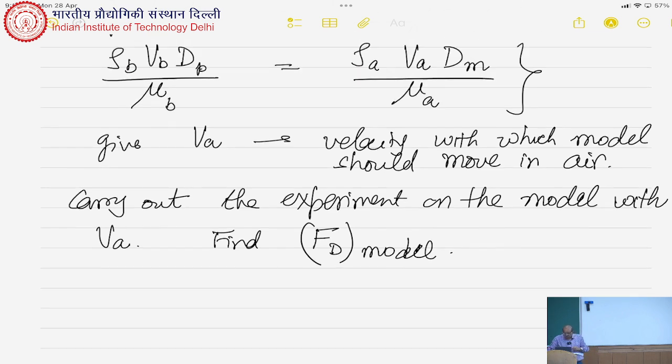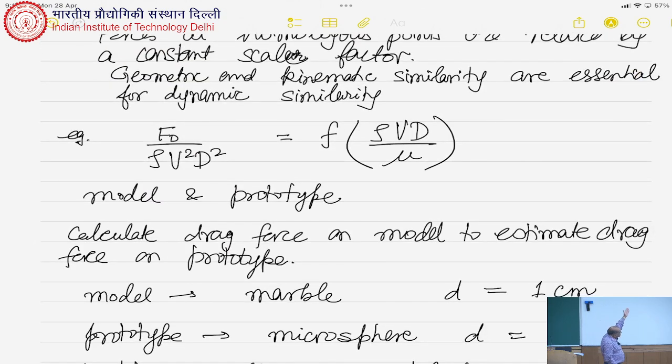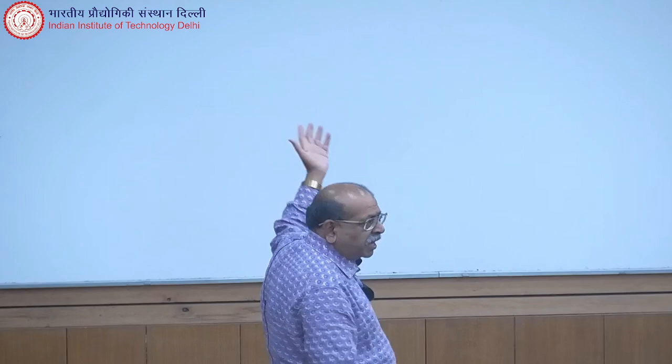Okay. Now what we have is, our dimensional analysis tells us the drag force divided by rho v square d square is only a function of rho v d upon mu. Now since rho v d upon mu are the same for model and prototype, the left hand side should also be the same.